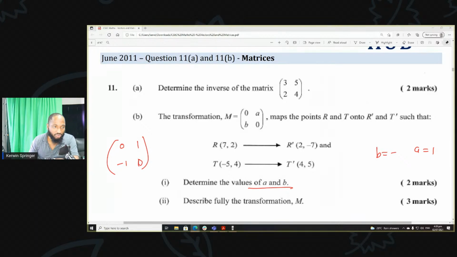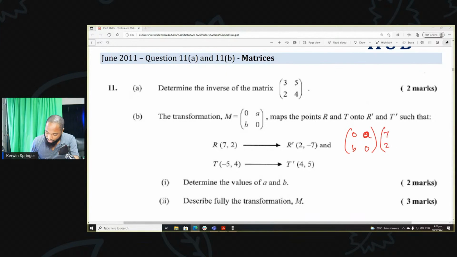But to determine the value, we could write it out like this: 0 A B 0, so A, multiplied by 7 2 gave us 2 negative 7. This means when we multiply this by this to get this, we get 0 plus 2A is equal to 2. Therefore, A is equal to 1. And then you will get 7B plus 0 is equal to negative 7. Therefore, B is equal to negative 1. We did this already.